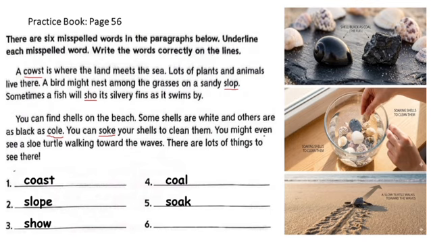Next, you might even see a slow turtle walking toward the waves. So this is the turtle. Can you see it? So this is the turtle. You might see a slow turtle walking toward the waves. Look closely at the words. Where is the misspelled word?